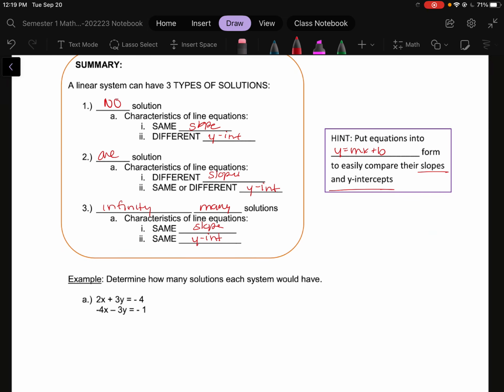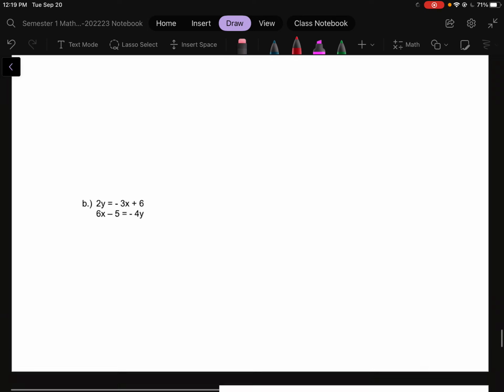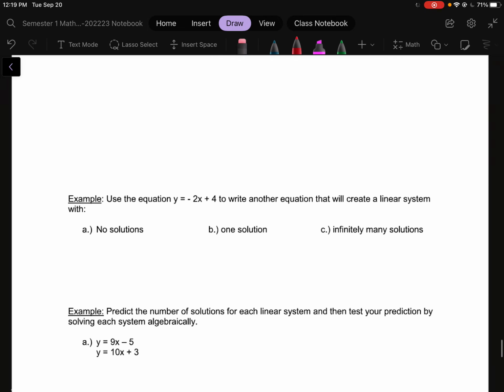I want you to look at the first examples here, A, B, and C, and I'm going to go over one example with you together. We're going to look at this equation here, and we're going to write another equation that will create a linear system. So remember, our m is always going to be -2, and our b is always going to be +4.